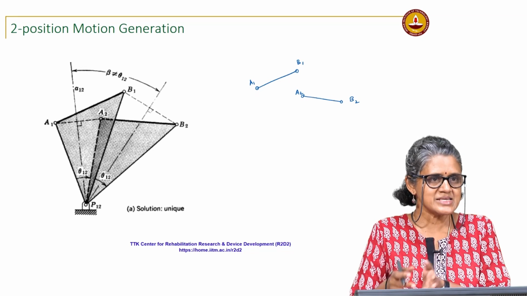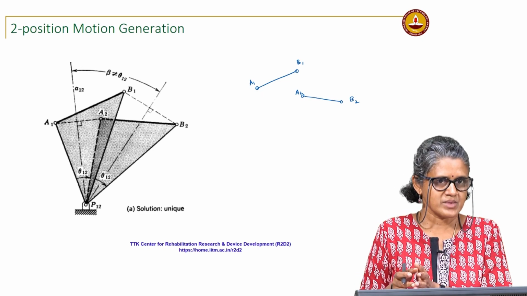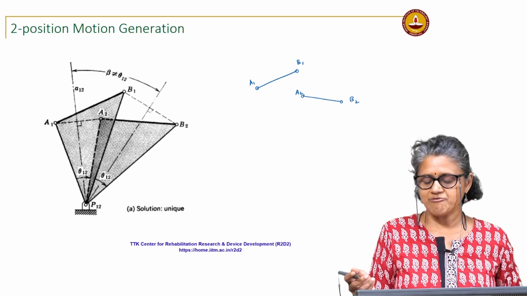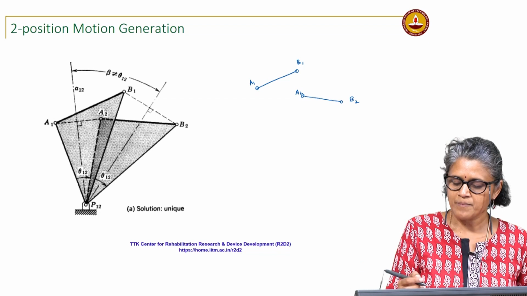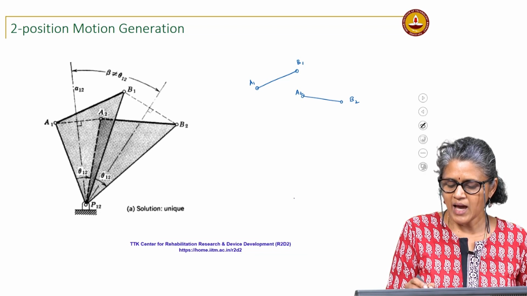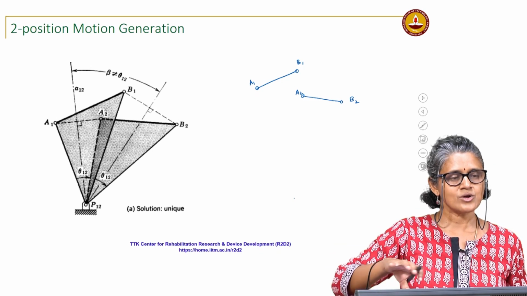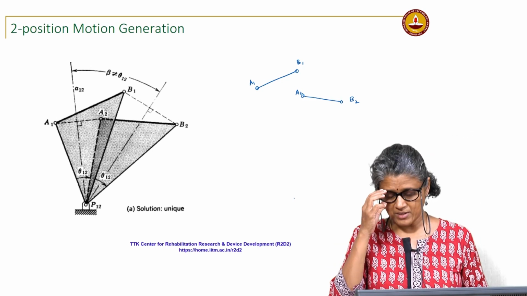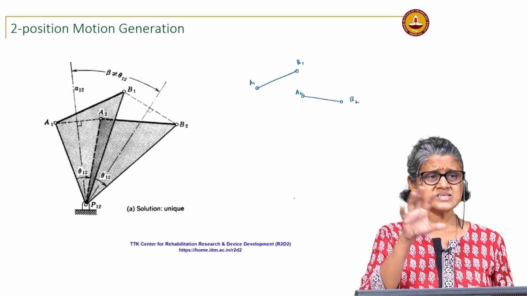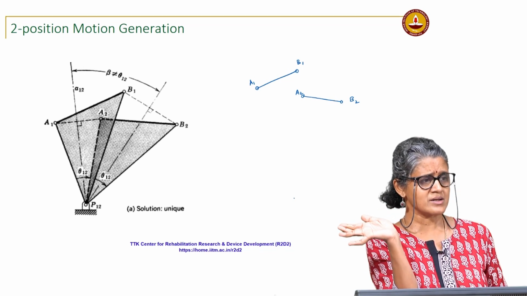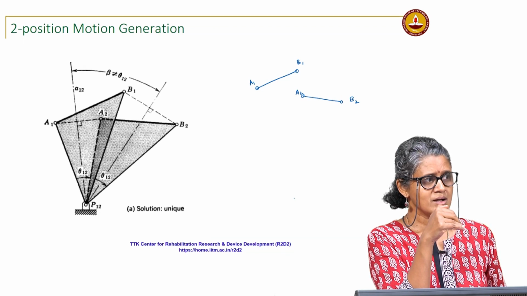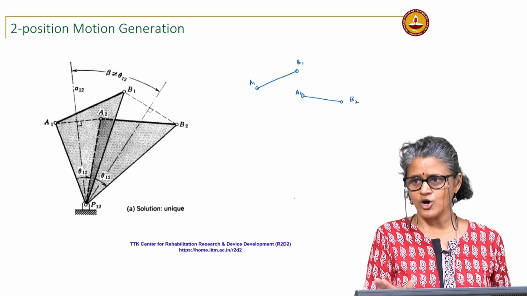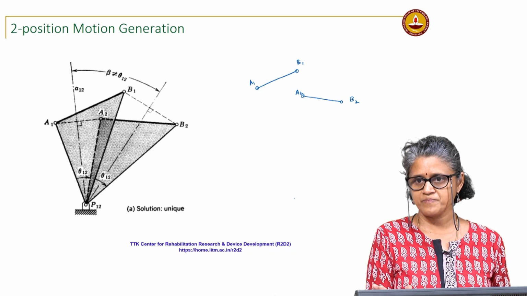If I extend these bodies, then I find that, so how do I do that? Do you remember Chasles' theorem? Any planar motion can be decomposed into a pure rotation.